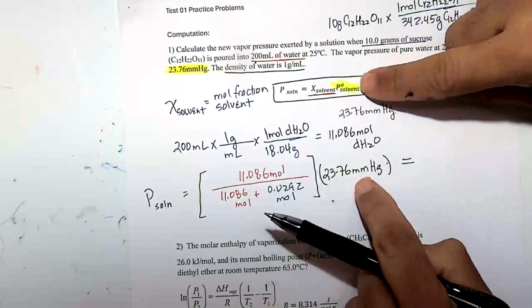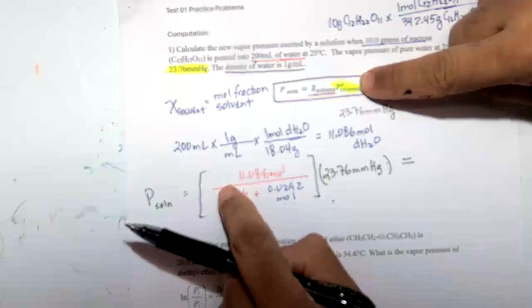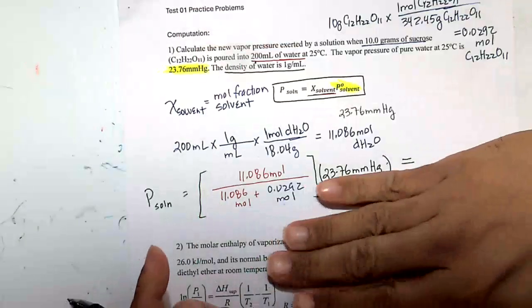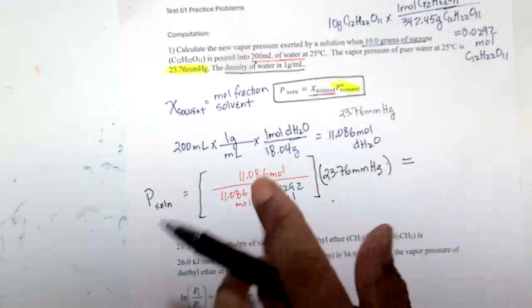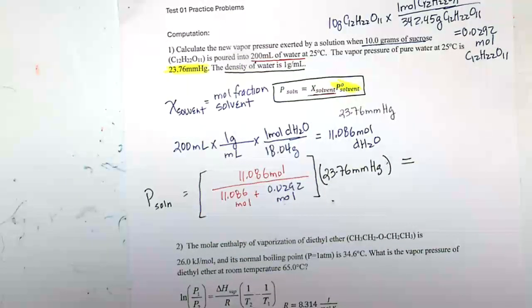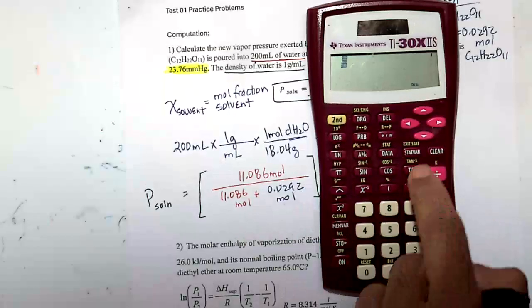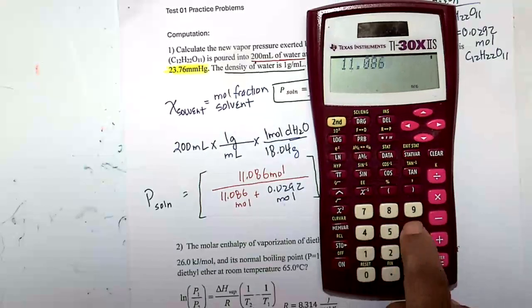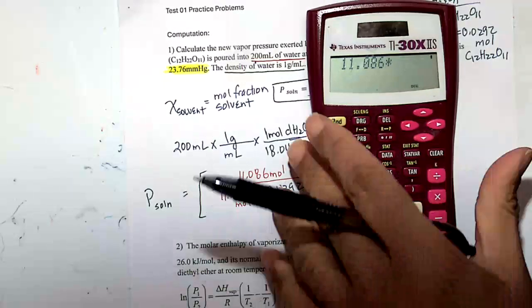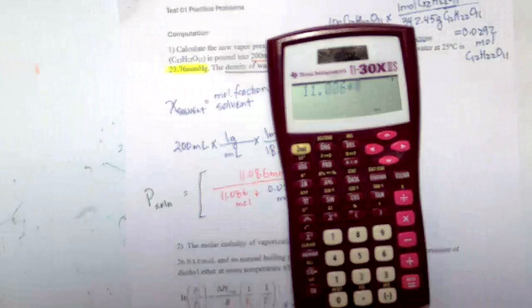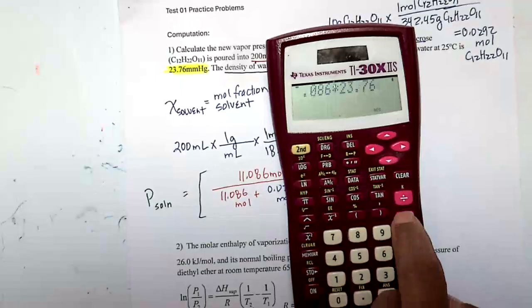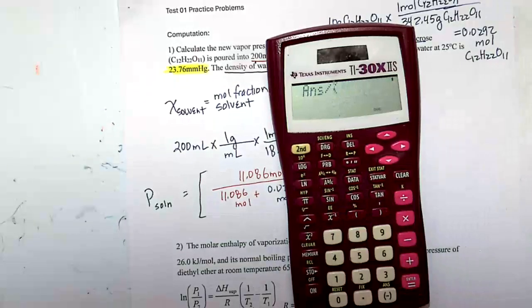Okay, so this is given to us in the problem. This is the mole fraction of solvent divided by solute plus solvent. Remember, the denominator contains the whole thing. So 11.086 times 23.76. Okay, divide this by the sum.